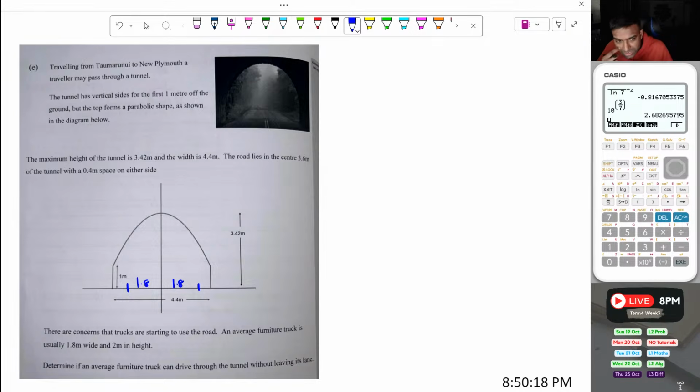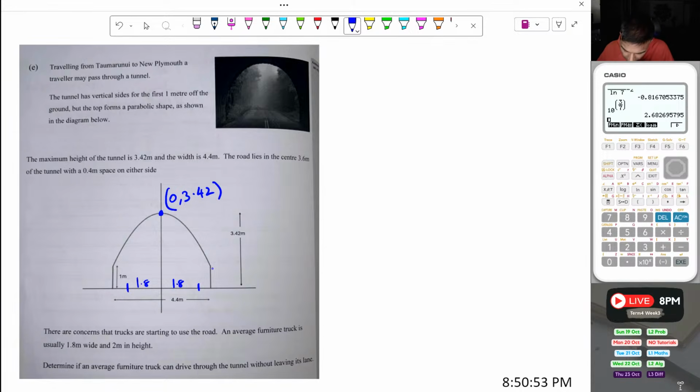Okay, so all this question is asking is, we've got a truck like this. We're going to draw a truck, like a little box like that. So that truck, we just want to know if that height is going to be 2 meters in height or not. So we need to come up with an equation for this parabola. To come up with the equation of the parabola, we can actually use vertex form, because this point right here is going to be 0 and 3.42.